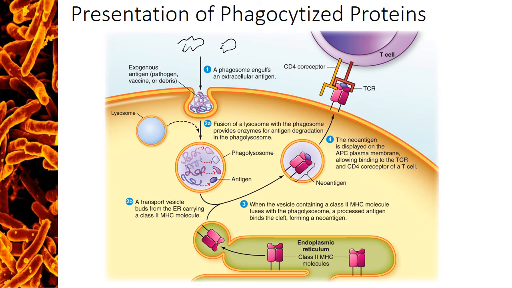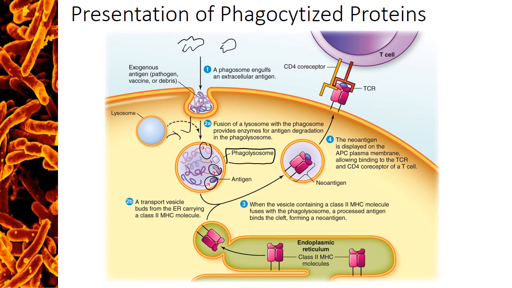But either way, they were out here outside of the cell. And so we call those exogenous antigens, things that were found outside the cell itself. And they're brought in through phagocytosis. And remember, the phagosome fuses with the lysosome to make our phagolysosome, which then chops up all of our proteins into these little individual antigens.